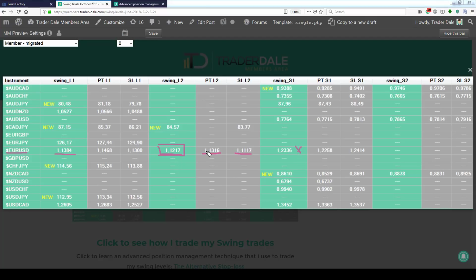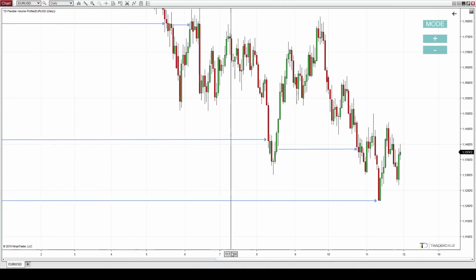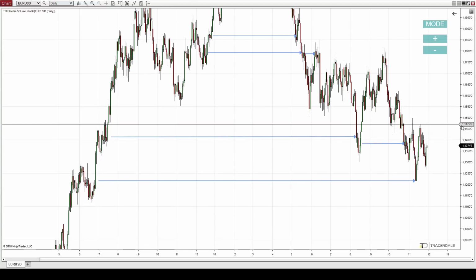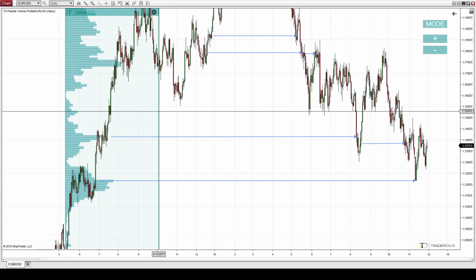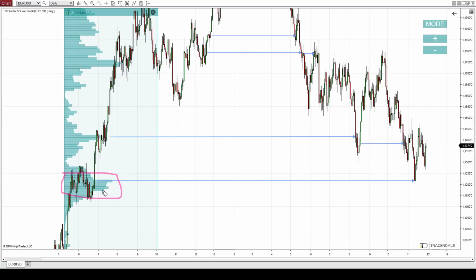So let's go back into the chart and let's have a look at the 1.1217 level. This level was the oldest one, so I need to show you the chart like this so you can see the reasoning behind it. If I move the profile like this for the whole uptrend, then you can see that in this whole area, in this whole rotation, pretty massive volumes got accumulated.